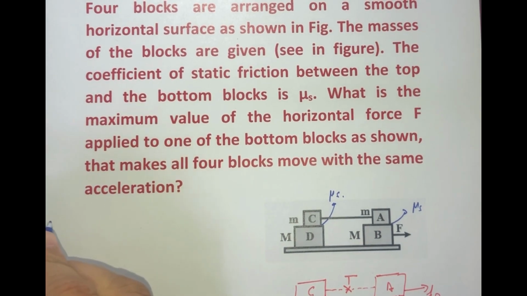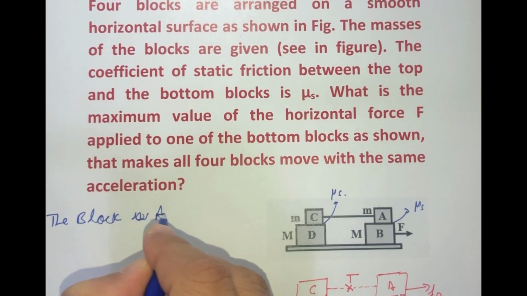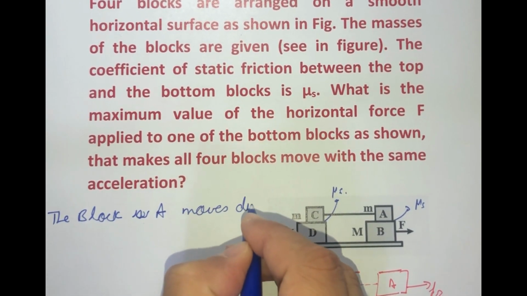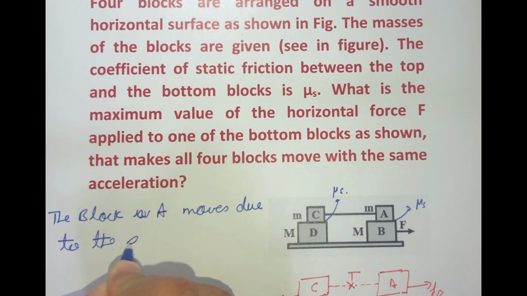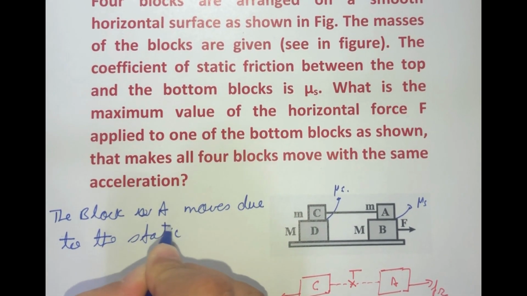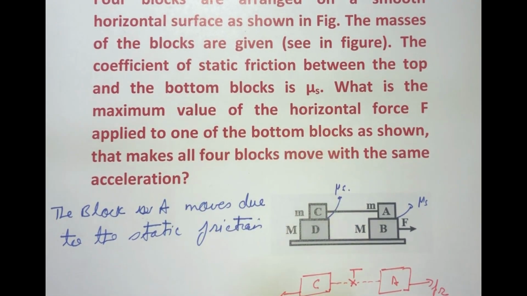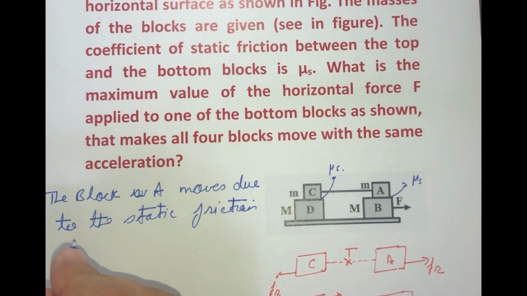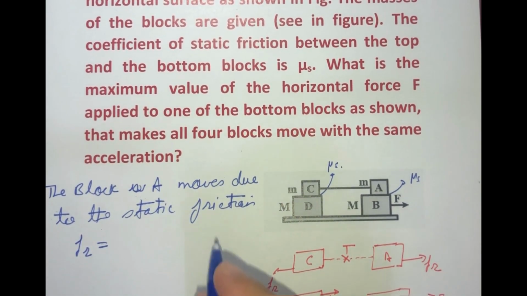So you can see block A moves due to the static friction, and its value, let us suppose, is Fr, and we can find out the value of Fr.